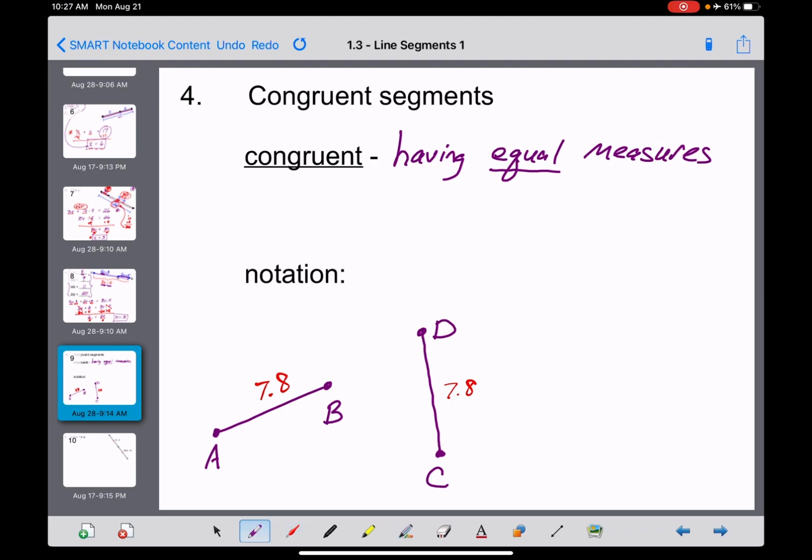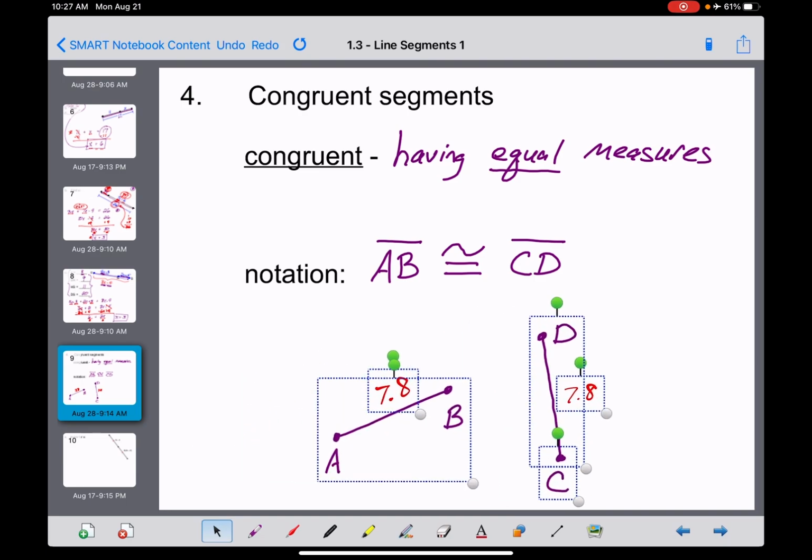The notation for segments being congruent, there's a symbol for it. Here's what we would write. Line segment AB, so I put the segment symbol over the top now because I'm naming a geometric figure, is congruent to. So what we do for congruent is we draw an equal sign, but then this little Spanish tilde right over the top. Line segment AB is congruent to line segment CD. Now, the reason for that, guys, let's go back to what we just wrote down a second ago.